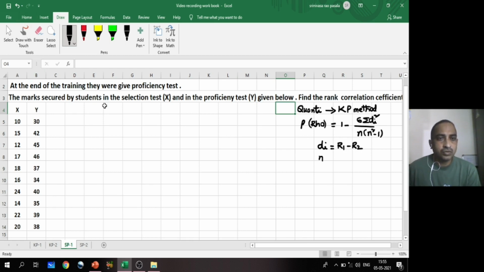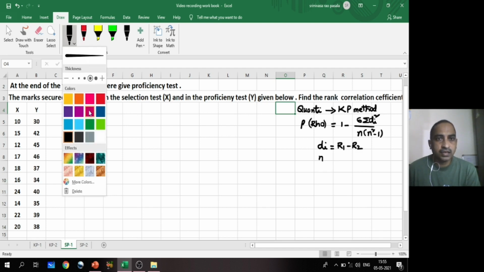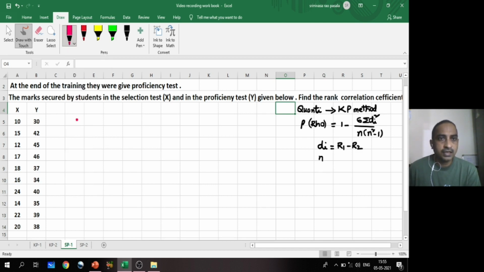I have given the ranks for the X series as R1. Traditionally, the highest mark is given the first rank, and here I also followed the same methodology.